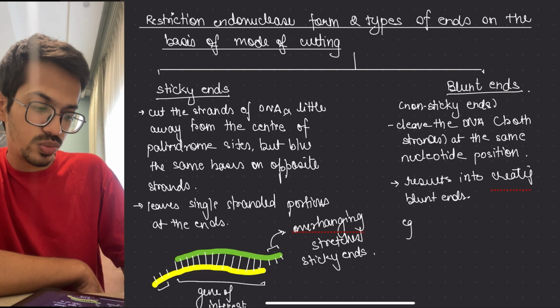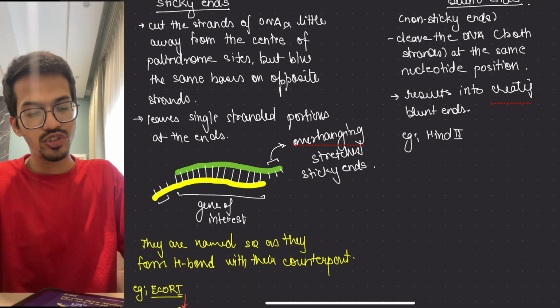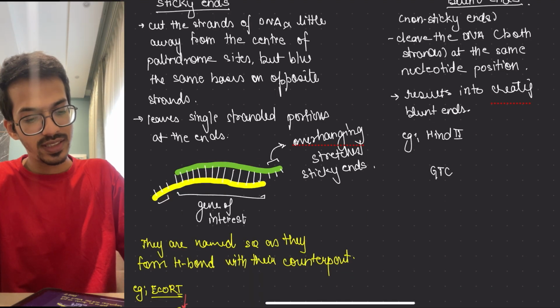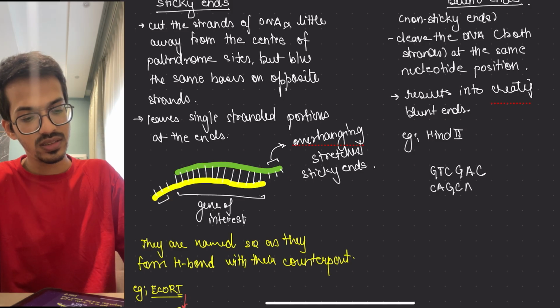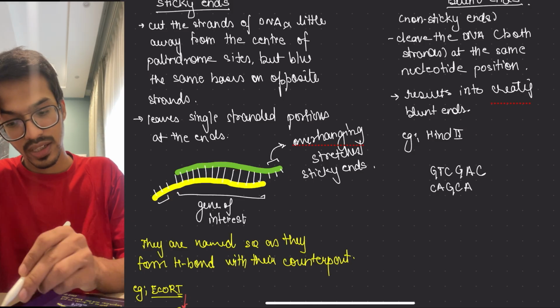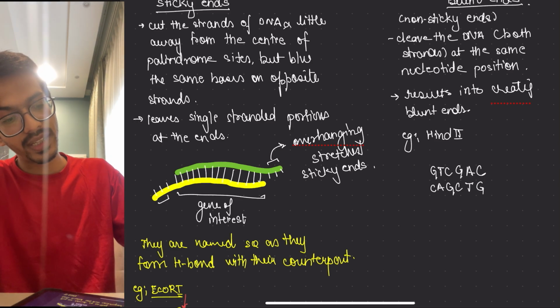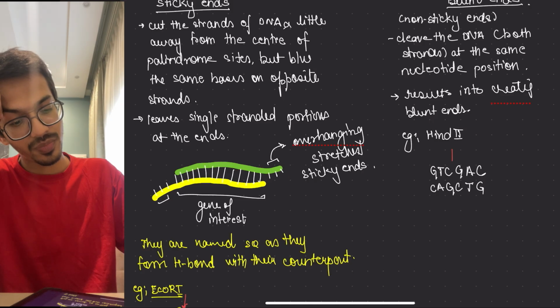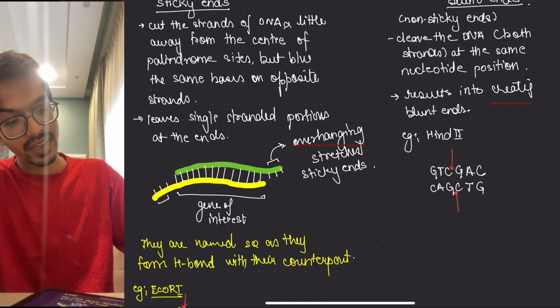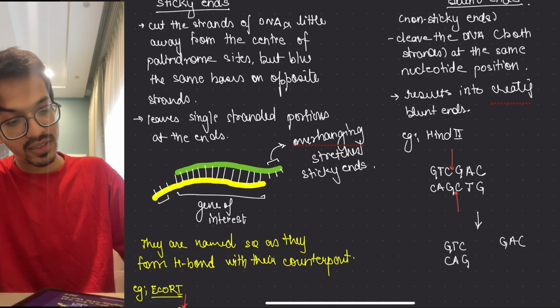Example, HindII that I told you. What is happening in HindII? It identifies GTC, GAC, and the opposite will be CAG, CTG. So it cuts at this level, which leads to the formation of GTC, CAG on one strand, and GAC and CTG. This is what?